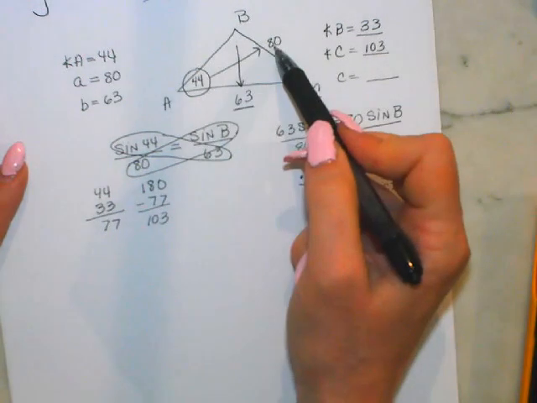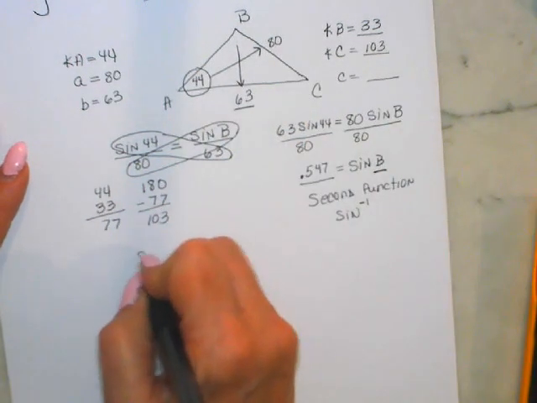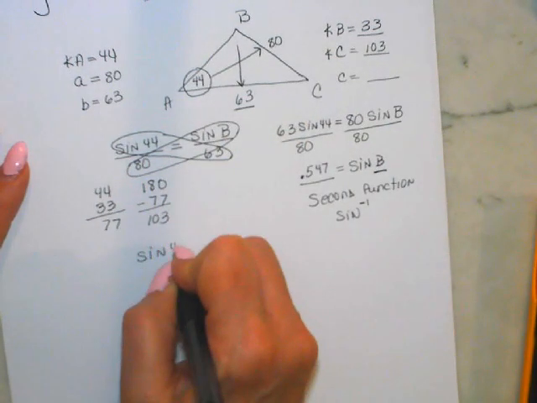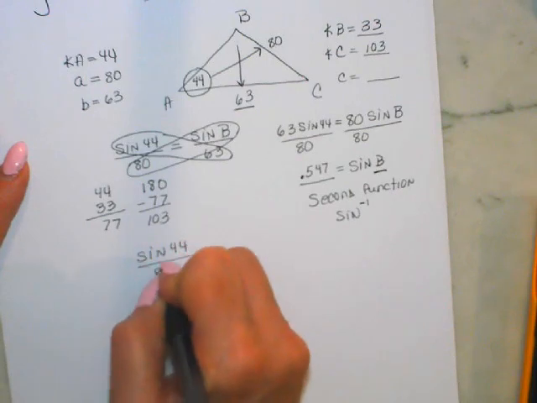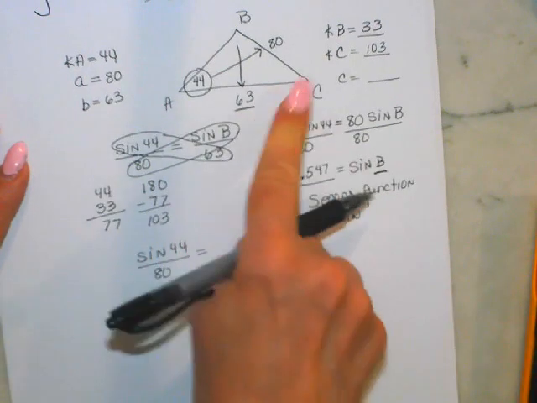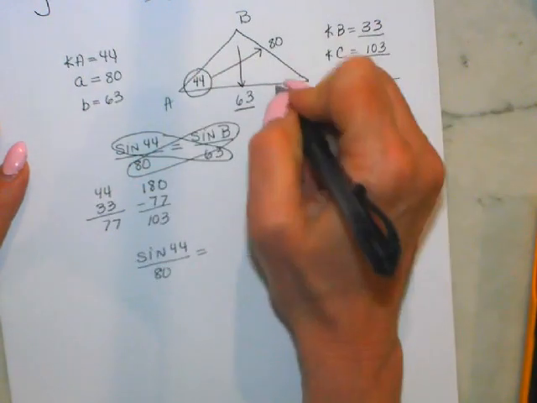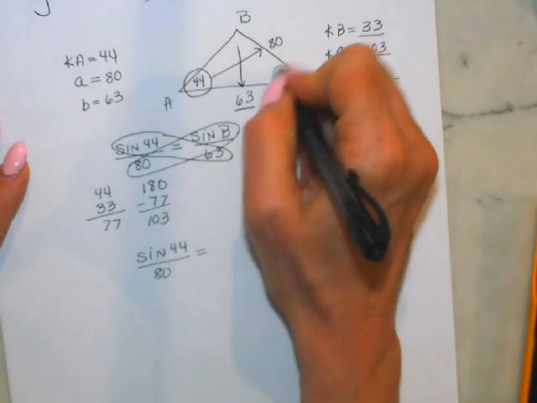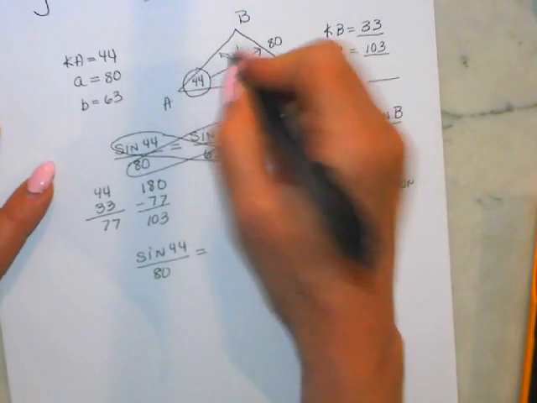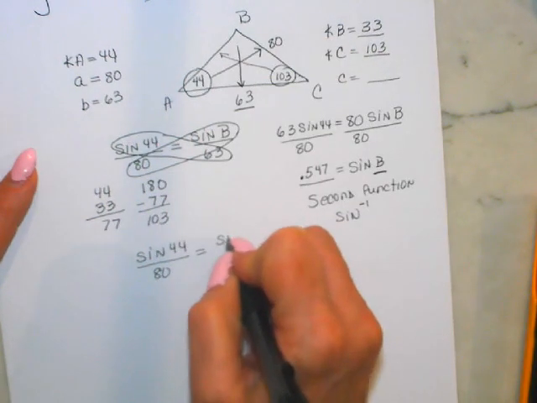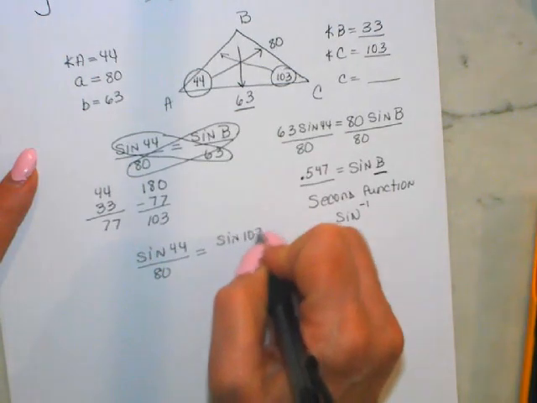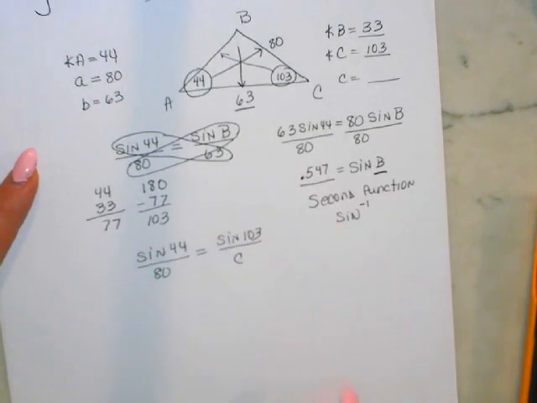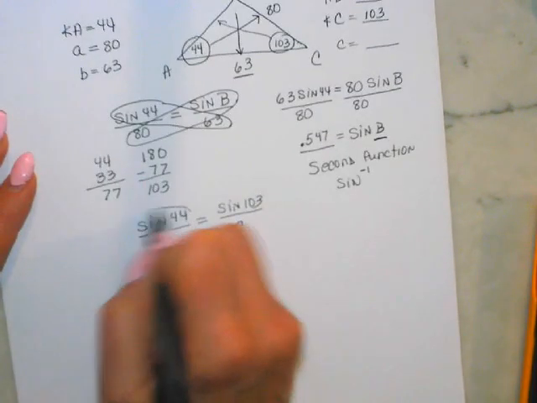I'm still going to use the ratio here, the 44 to 80, because that was given to me, and I know it's definitely correct because it was part of the problem. Now I'm going to set it up to find little c. I know that this is 103, and I need to find little c. So it'll be the sine of 103 over little c.